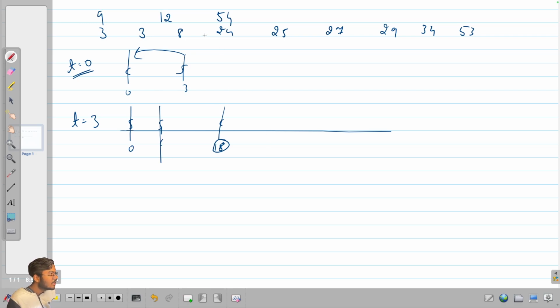And now let's see what this scarecrow will do. It is at position 8. Now this scarecrow has 3 seconds, so it can go 3 units left or 3 units right, and it will try to push the crow more towards right. So obviously we should go right.